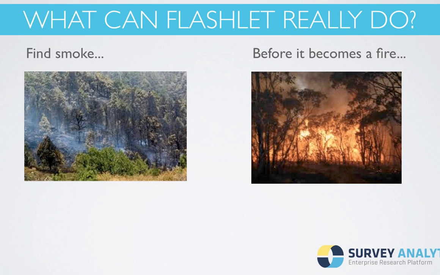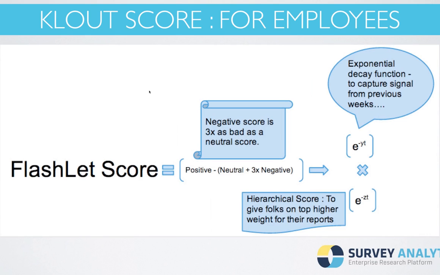Now, we're trying to effectively say that this is something very similar to that, where you have a high frequency model for collecting very small bits of data and then use analytical models behind that to figure out patterns, really. So how are the scores calculated? We've come up with a model for calculating the scores that gives weight to the positive and actually gives more weight to the negative scores to come up with a combined score.